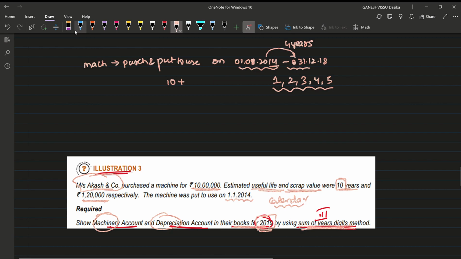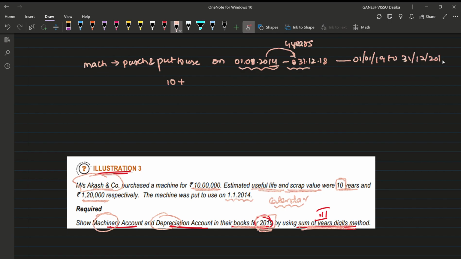So they have used the machinery up to 5 years, and they are asking us to calculate the depreciation from 1st January 2019 to 31st December 2019. So for the 6th year they are asking us to calculate the depreciation. They have used this machinery for 5 years, and the useful life of the machinery is 10 years.